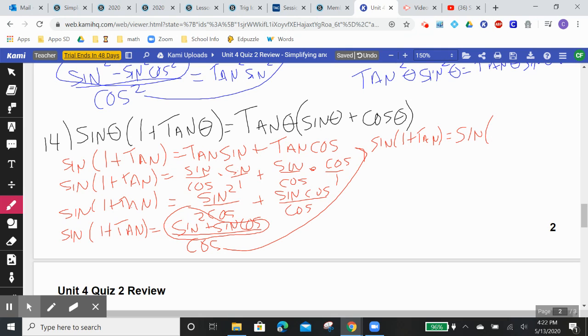Don't I get a sine plus cosine all over cosine? I don't know if this is the right way to do this problem now that I'm looking at it, because this is not going to lead me to my answer. Factor out a sine to get sine plus cosine.